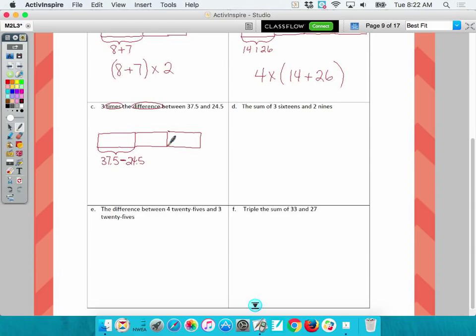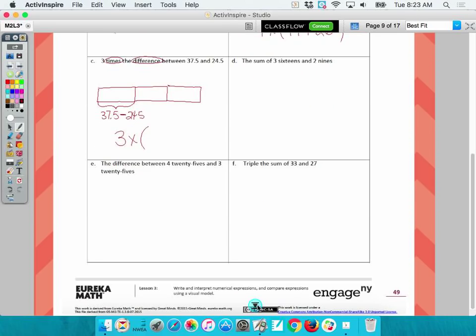Okay, and what are we starting with in the expression? 3. 3 times 37 and 5/10 minus 24 and 5/10. Very good.